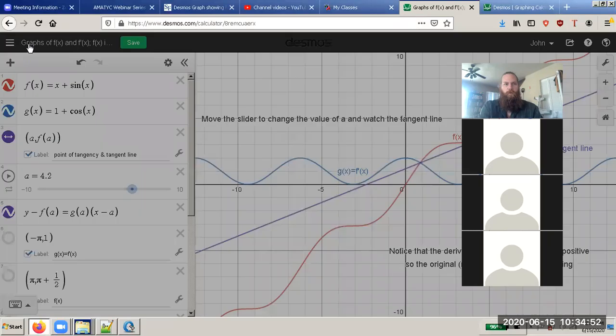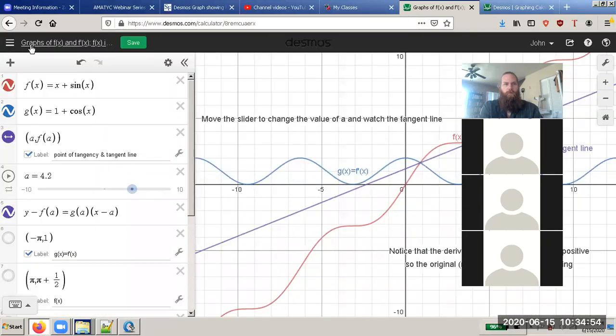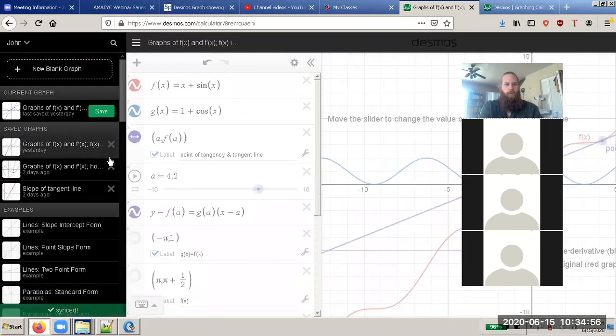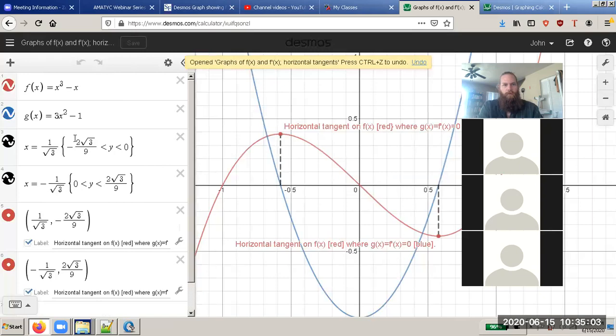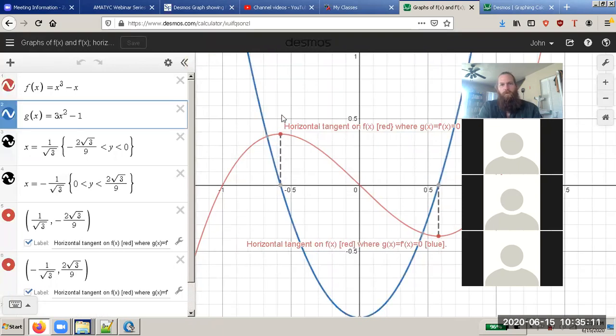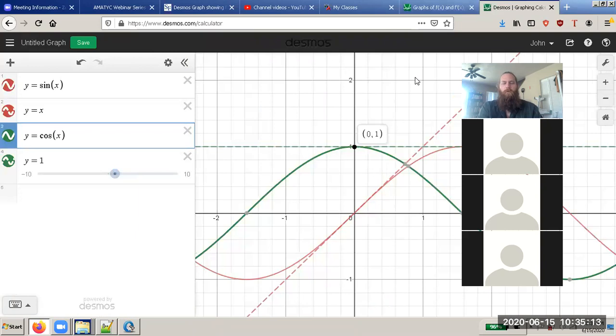There's a link to it in the modules, and one or two others like this that I posted for you. So you've got turning points on the original corresponding to x-intercepts on the derivative. So play around with these graphs. Get comfy with these graphs.